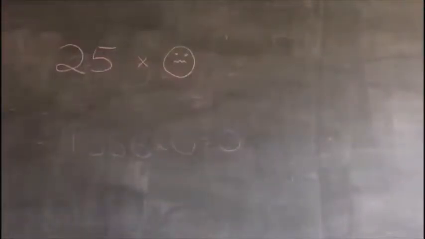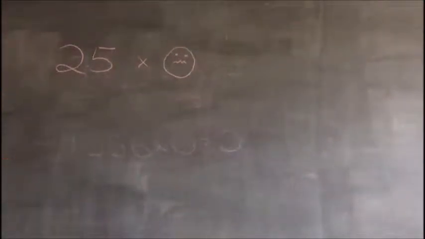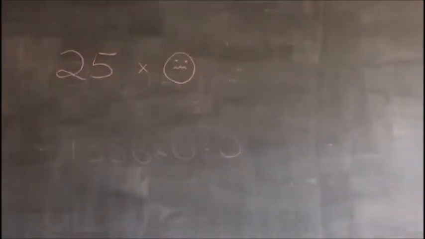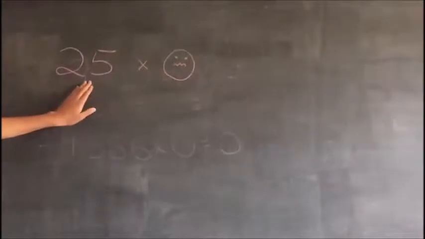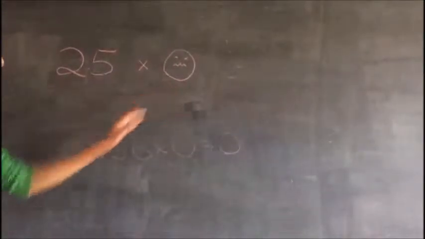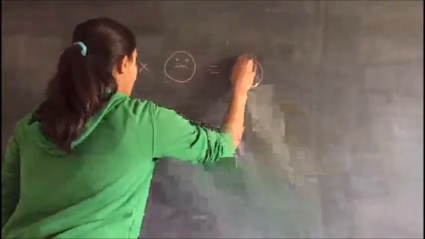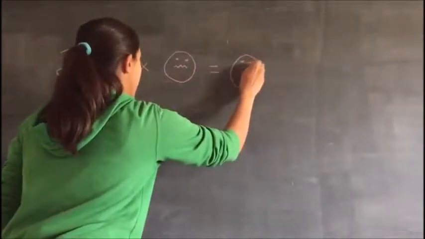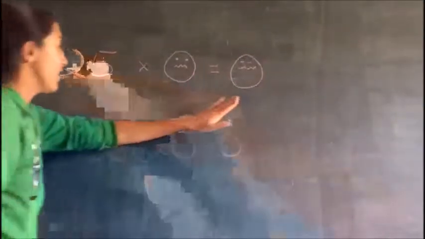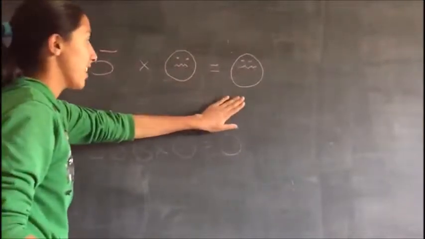This might not look like the Cookie Monster to you, but you can imagine the 0 as being a cookie, and as it being a Cookie Monster. And if we think of 25 people against the Cookie Monster, it turns out that the Cookie Monster always wins. In that case, 25 times 0 is equal to 0. 25 times the Cookie Monster is again equal to the Cookie Monster.